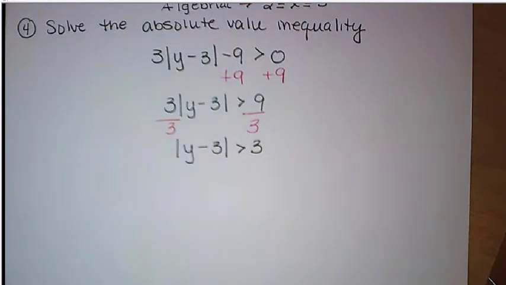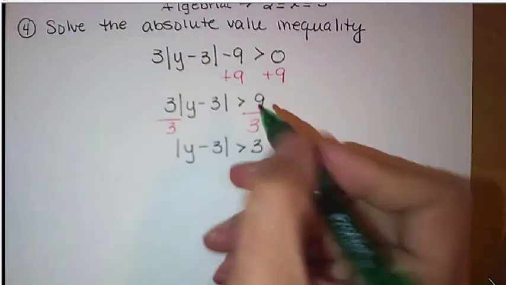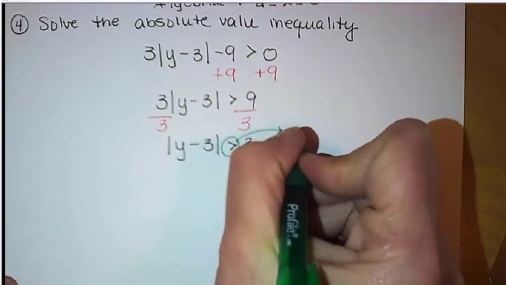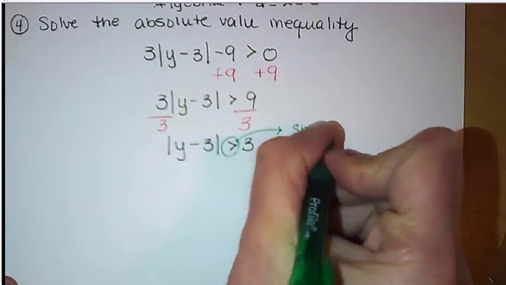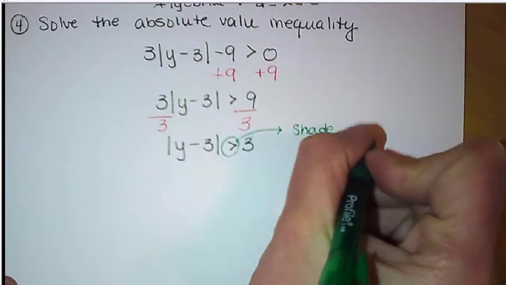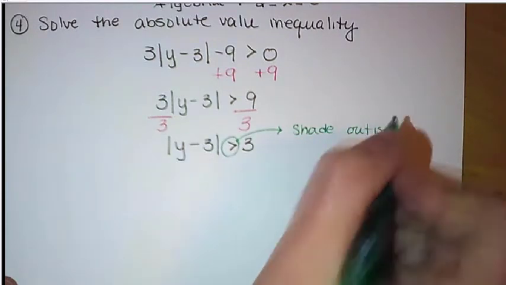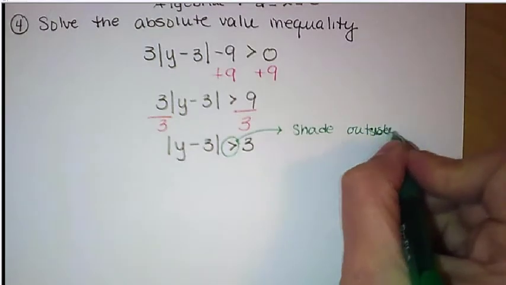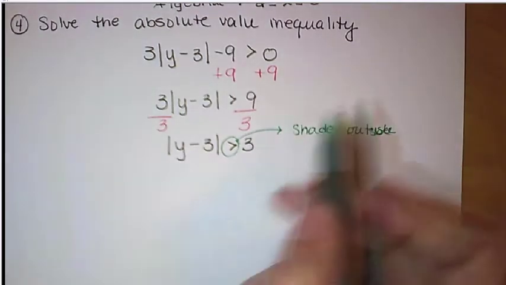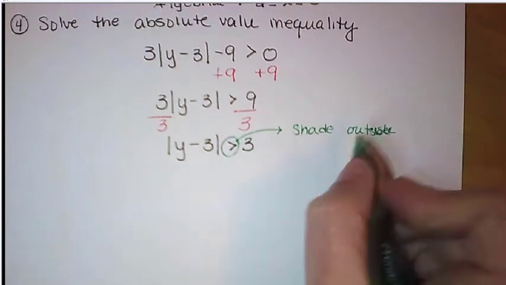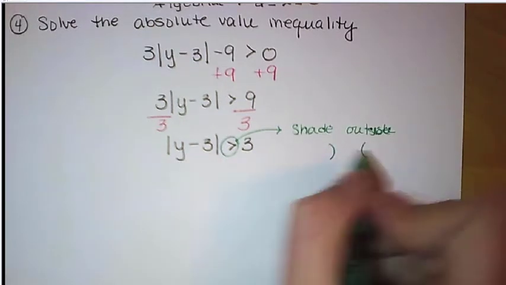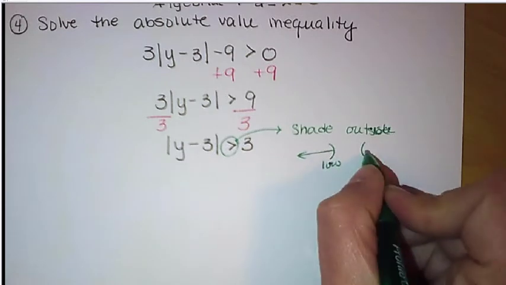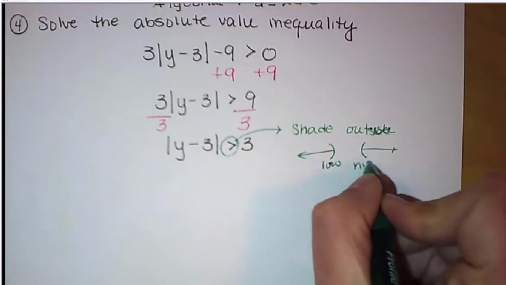Again, looking at this problem, we want to talk about this greater than symbol. If it's greater than, that means we are going to be shading on the outsides of our numbers. So on our graph, we're going to shade to the left of our low and to the right of whatever our higher number is.